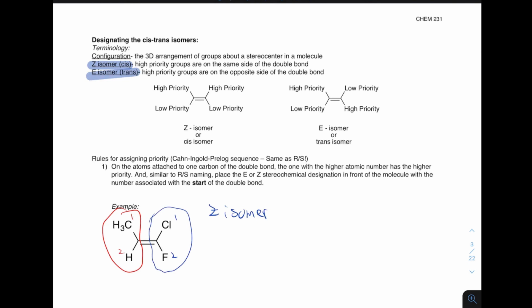So how do we name this now? So if we're going to use our IUPAC naming, we have to now consider putting in the Z here. And so I'm going to erase some of this clutter here. So now we have to look at the carbon chain. So we know we have a carbon here, and a carbon here. So we know that this is propene, or one propene rather. And we have two groups coming off of that carbon there.